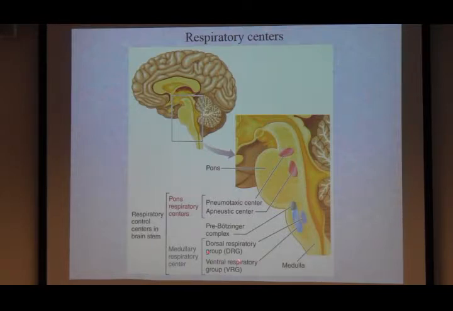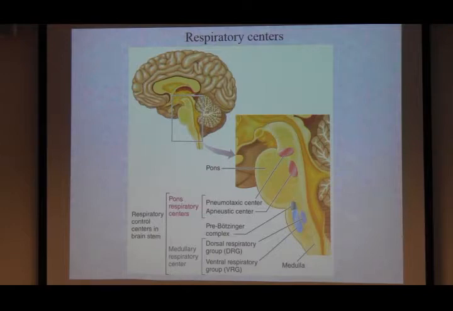The pace at which the dorsal respiratory group innervates the diaphragm and the external intercostals is set by the pre-Bötzinger complex. So the pre-Bötzinger complex is really the pace setter when it comes to breathing. And the way we regulate breathing is by regulating the rate of inspiration relative to expiration.